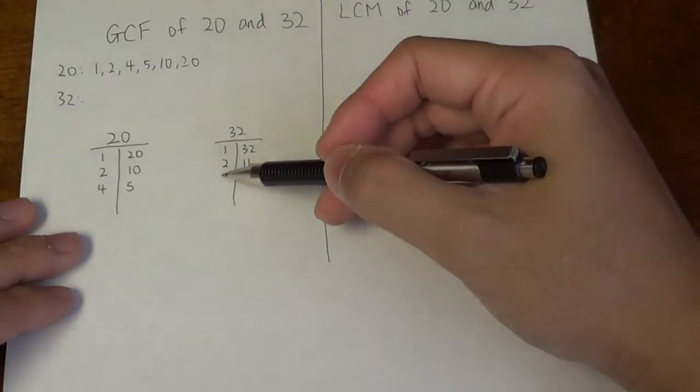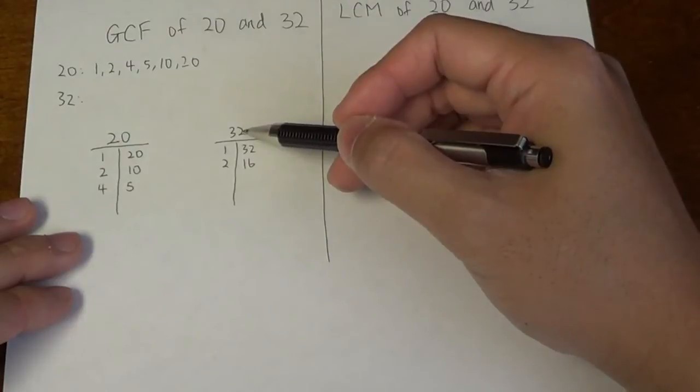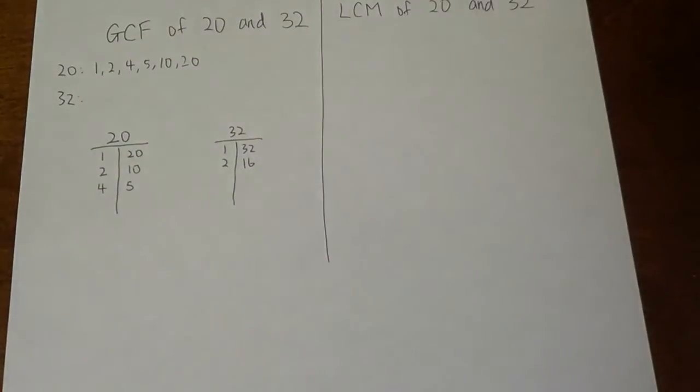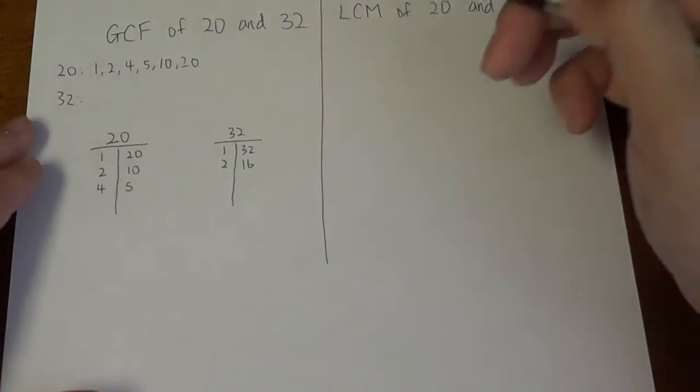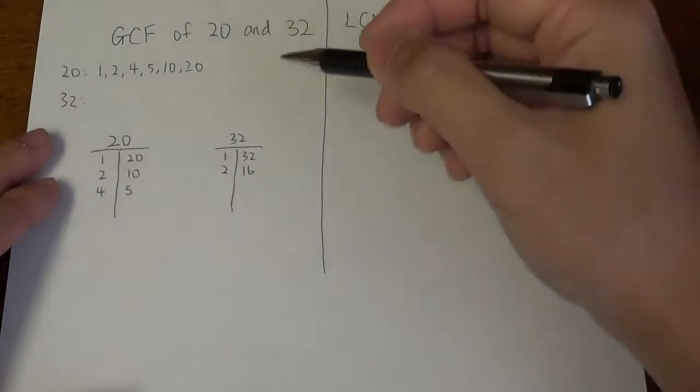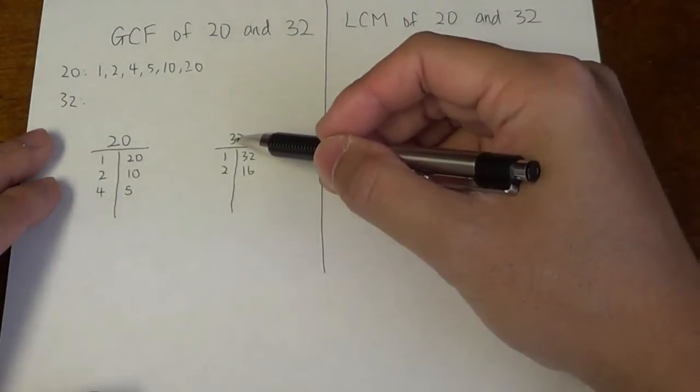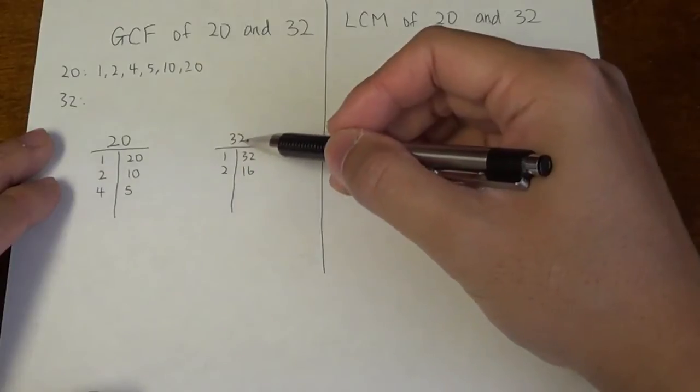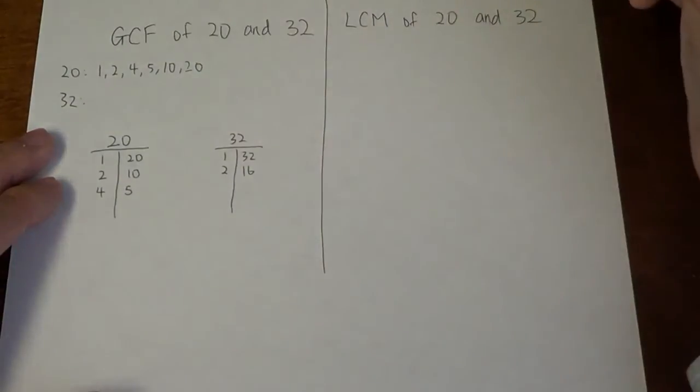For example, 3: I know it's not divisible, even though we assume you don't have your times table memorized past 3 times 10, because the rule says if I add up the digits, 3 plus 2, that sum has to be divisible by 3 also. In this case it's not, so it's not divisible by 3. I don't even need to bother to check it. I already know it won't work.